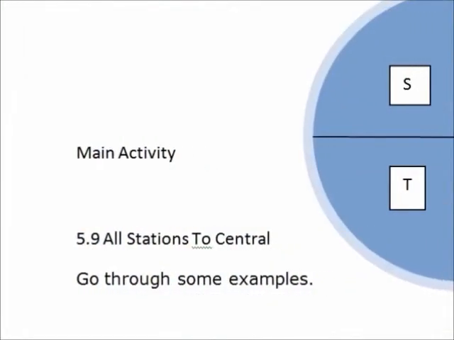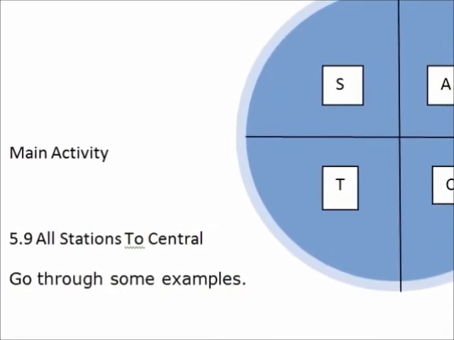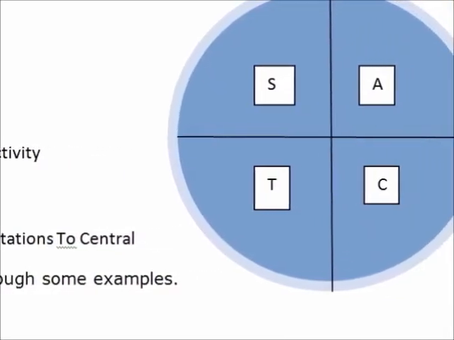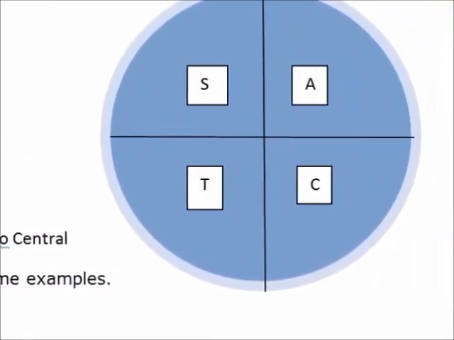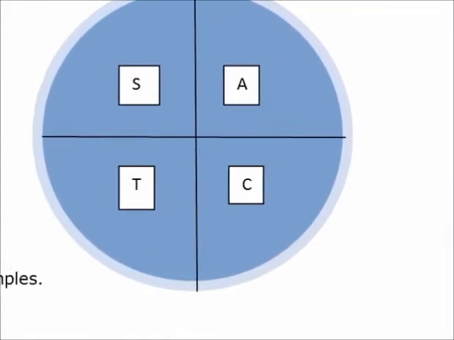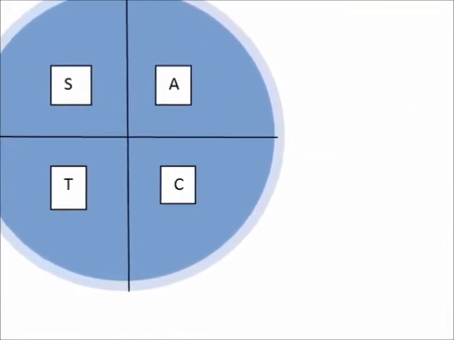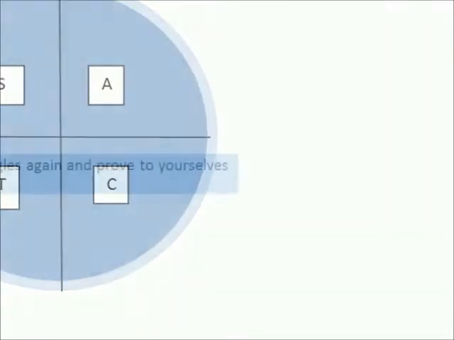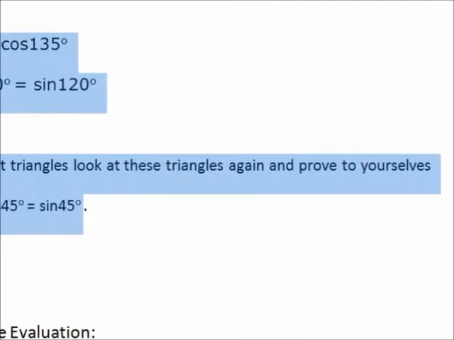So lesson 5 then goes through all stations to Central, and that'll give the kids a chance to remember which trig functions are positive in which quadrants. And just a couple of examples there of those complementary functions.